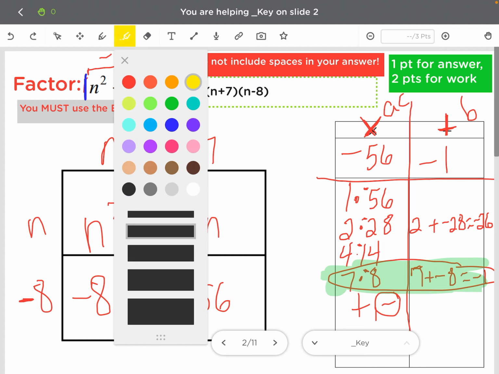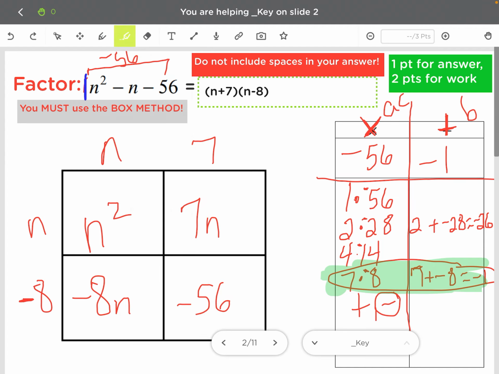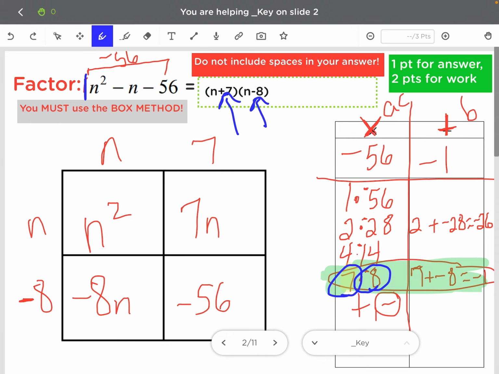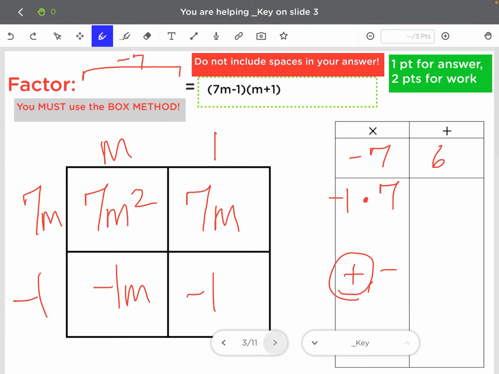I want us to notice here that the two numbers I chose, here and here, are the two numbers that ended up in the answer. Again, this one does not have a leading coefficient of 1, and my two numbers did not end up right there.